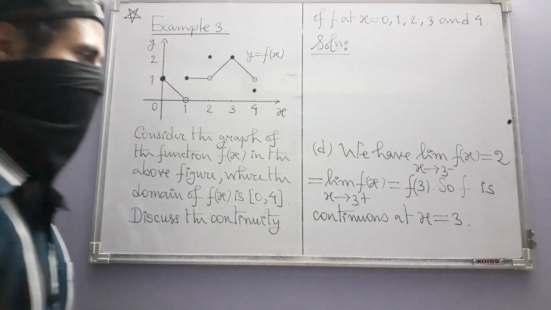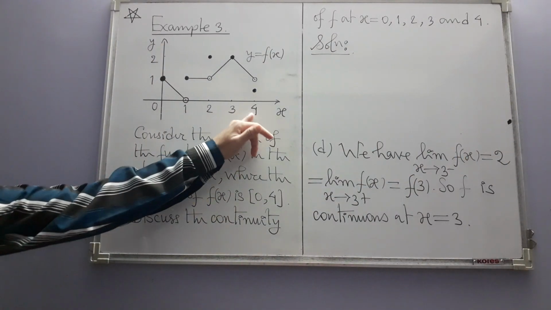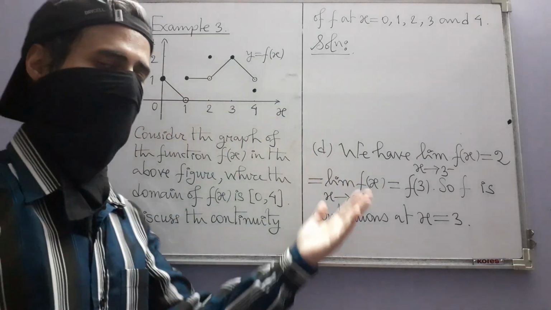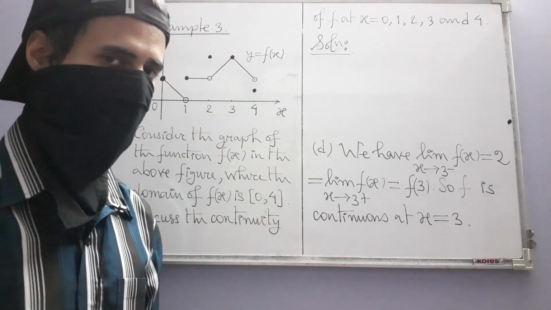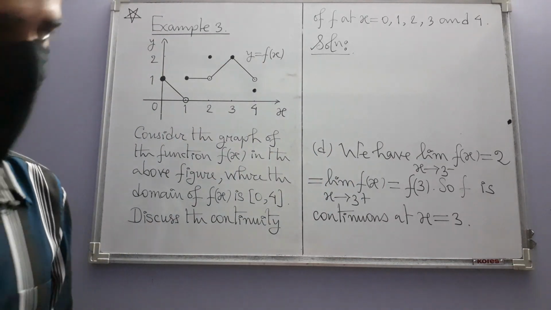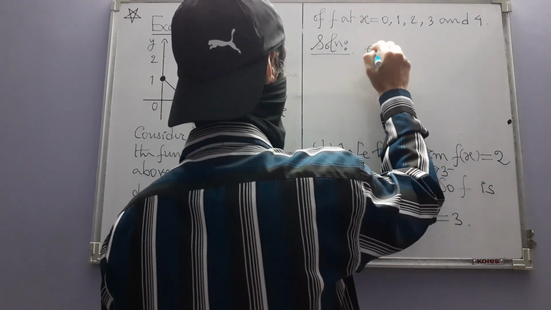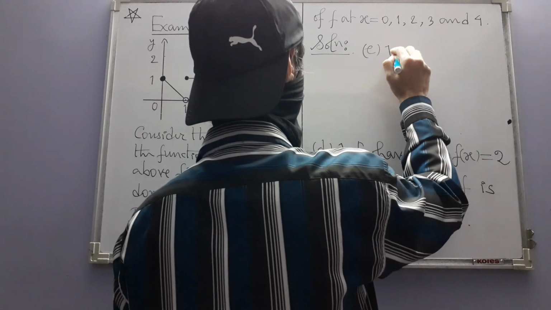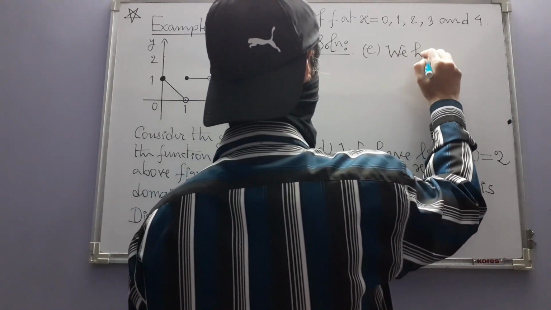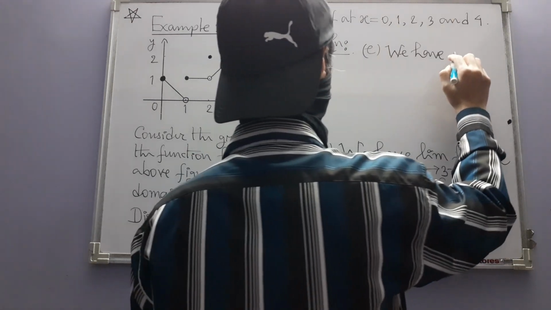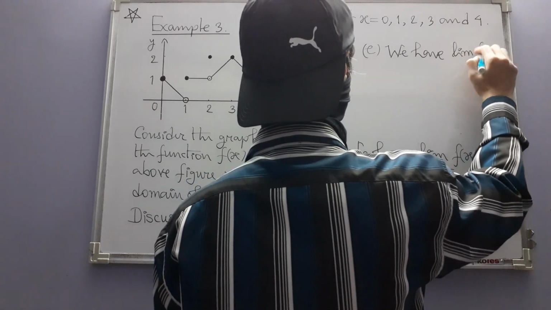At the point 4, because 4 is a right boundary point, we can only talk about the left hand limit, not the right hand limit. So what is the left hand limit?